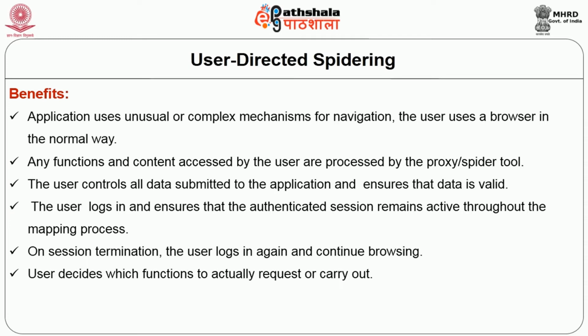If any action results in termination of the session, the user can log in again and continue browsing. Any dangerous functionality, such as deleting a user, is fully enumerated and incorporated into the proxy site map, because links to it will be parsed out of the application's responses, but the user can use discretion in deciding which functions to actually request or carry out.